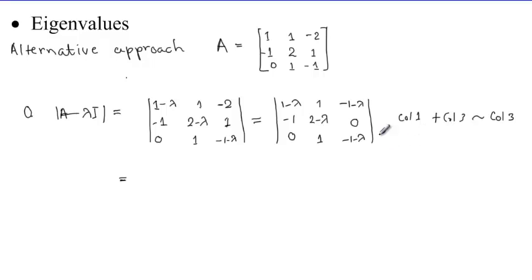So what we're going to do here, we're going to look at this last row and see that there's a common factor, which is -1 minus lambda. So then we can take it out as a common factor, -1 minus lambda.